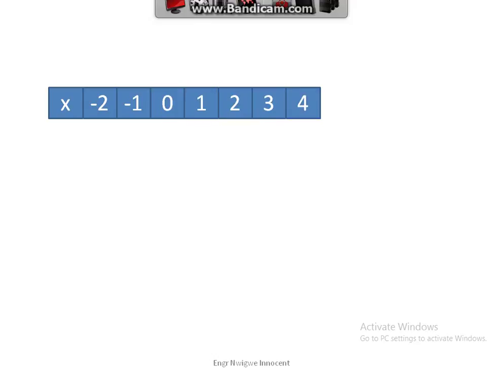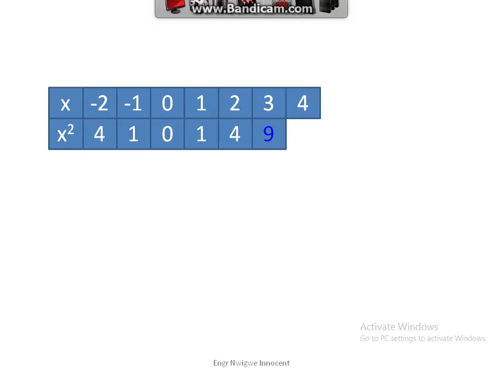Then we get our x squared. Our x squared will be minus 2 squared is 4, minus 1 squared is 1, 0 squared is 0, 1 squared is 1, 2 squared is 4, 3 squared is 9, 4 squared is 16.